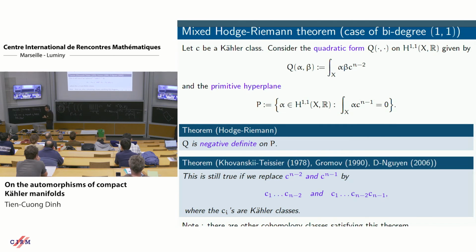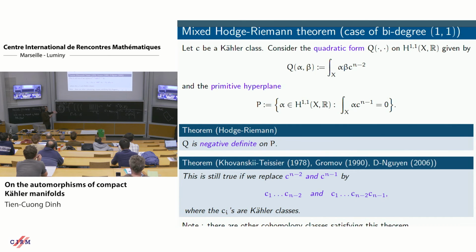According to a theorem by Khovanskii, Teissier, Gromov, and the final version is due to Viet-Anh and myself, we prove that we have the same theorem if we replace the power of C by the wedge product of different Kähler classes.